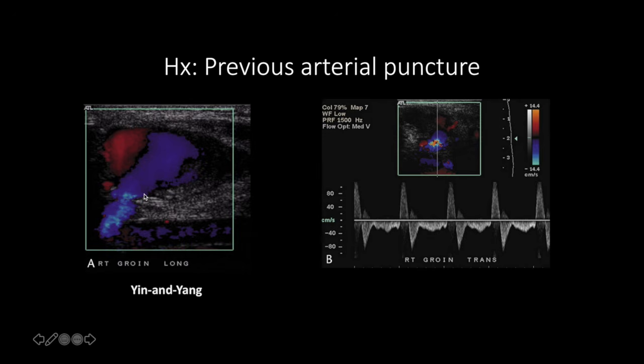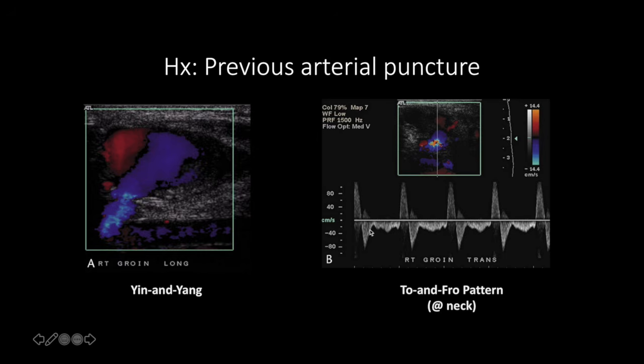And then we have a spectral Doppler classic sign of a pseudoaneurysm. Specifically, when we're looking at spectral Doppler, we want to interrogate the neck of the pseudoaneurysm, not the sac itself. The classic appearance at the neck here is called the to and fro pattern.